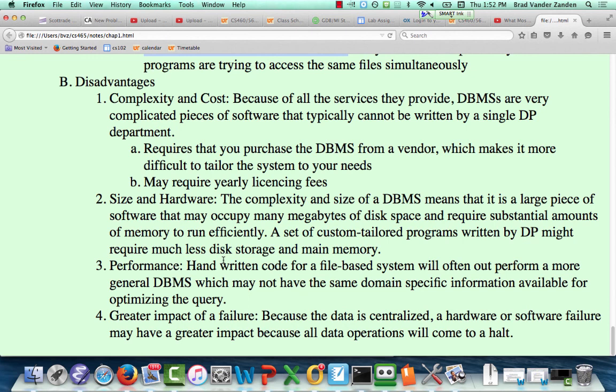Hardware, because they're so big and complicated, requires more hardware to run them. If you write a custom application, it would require less hardware. Performance, okay? If I write something in machine language or assembly language, I'll probably write something that runs faster than if you write it in a high-level language like C++. But who writes in assembly language or machine language anymore?